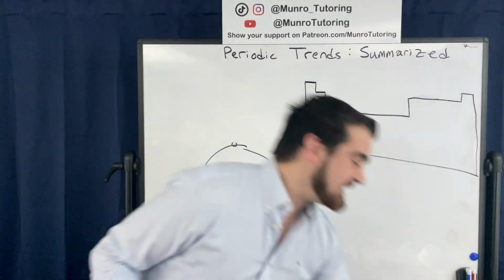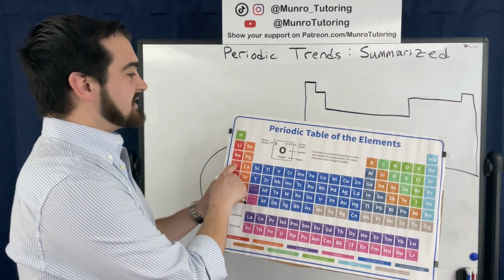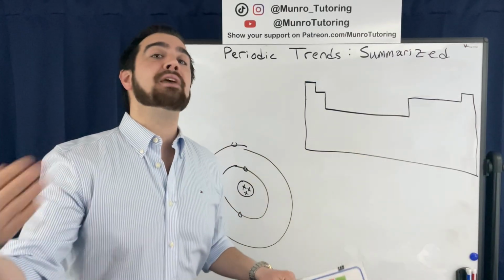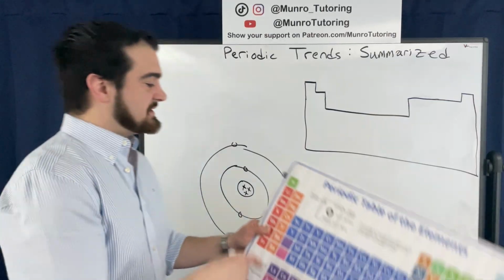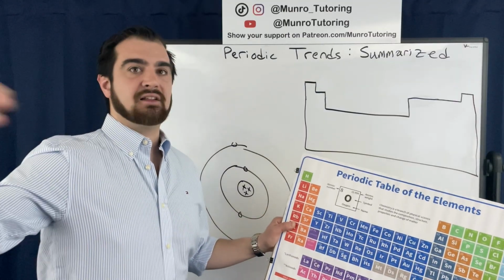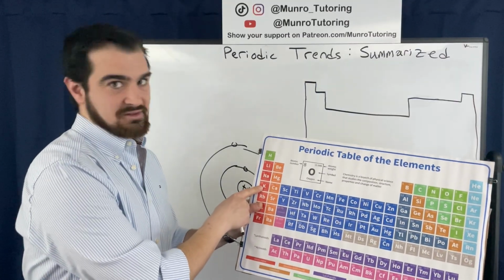Now, as we go to the right, the atomic number also increases, right? If we start over here, potassium's 19, krypton's 36, it's in the same period. So you would think that the atoms get larger again, but it's not true. What actually happens is we're in the same principal energy level here, or we have the same valence shell, which is shell 4, period 4, shell 4 is the valence shell, which means the outermost shell.